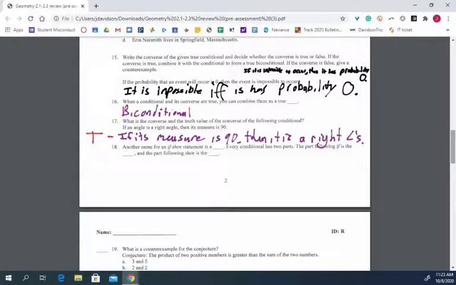Another name for an if-then statement is a blank. Every conditional has two parts. The part following the if is the blank, and the part following the then is the blank. What do we call an if-then statement?